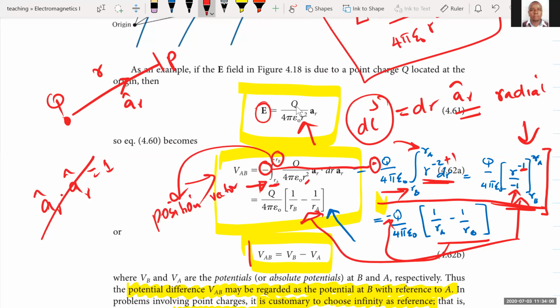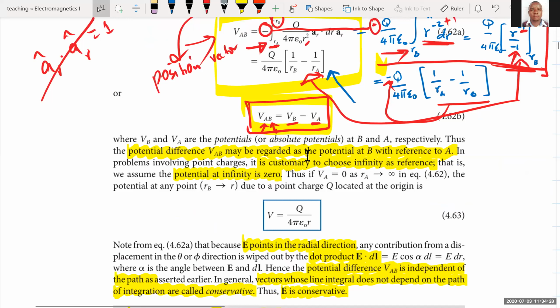And therefore, we are saying that the potential difference V_AB is simply V_B minus V_A. When we say V_B and V_A, we are referring to them as absolute potentials, which are considered to have the reference point at infinity.